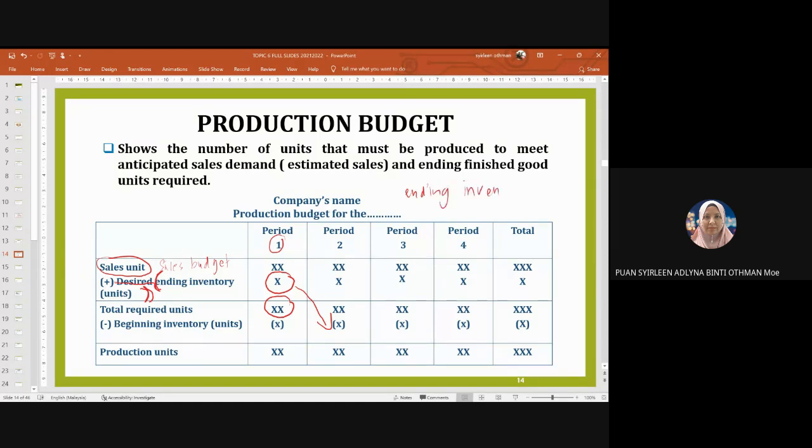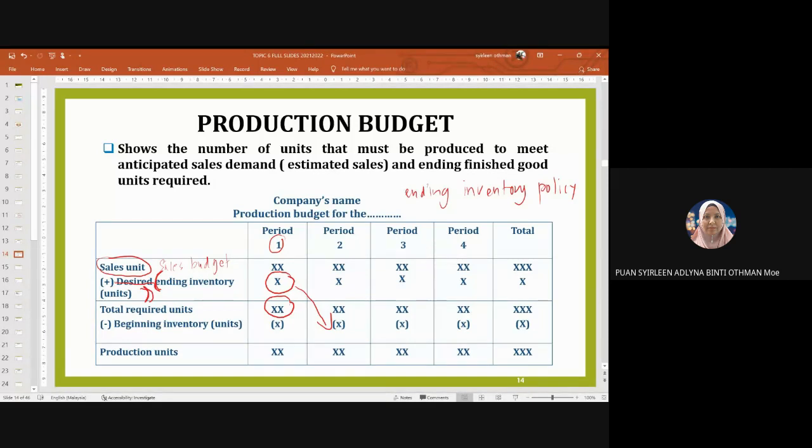This is the best part of doing budget, because every company has a different ending inventory policy. So every question will have a different ending inventory policy, and you are going to use the policy to calculate your ending inventory every time you do the budget. The most tricky part in doing budget is when you need to comply with the ending inventory policy.